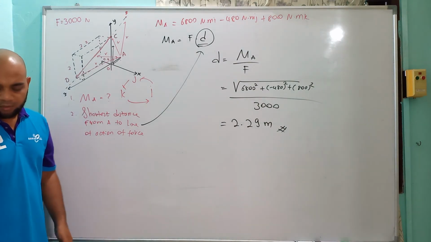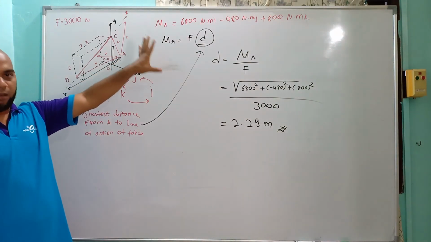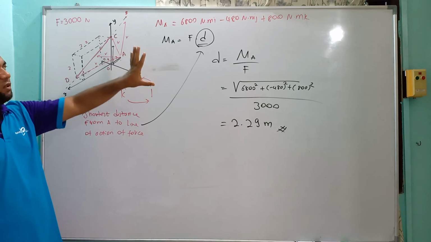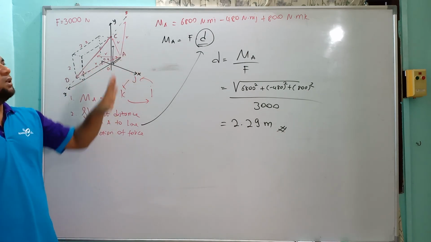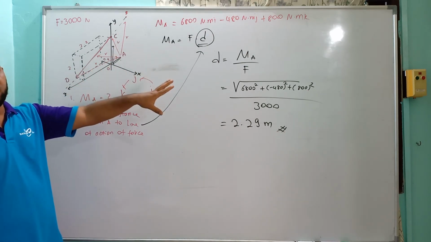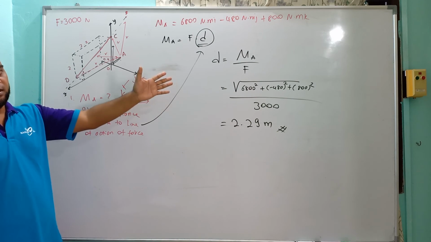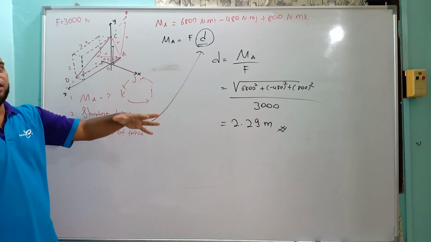Okay, so using this definition, because this is moment about a point, we know that the D is the shortest distance. We have the value of moment, you just calculate the magnitude of it, instead of having in terms of IJK, convert into magnitude.